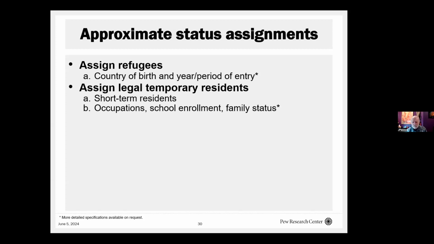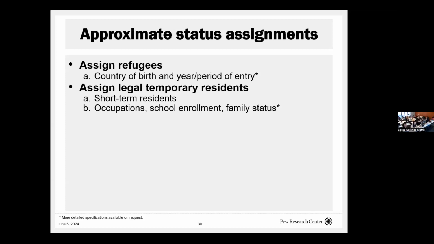These are people who are in families where the family units tend to have other people who are legal temporary residents, possibly some US born children, young US born children. And again, I'll be glad to share my specifications on this if anybody wants to try this.